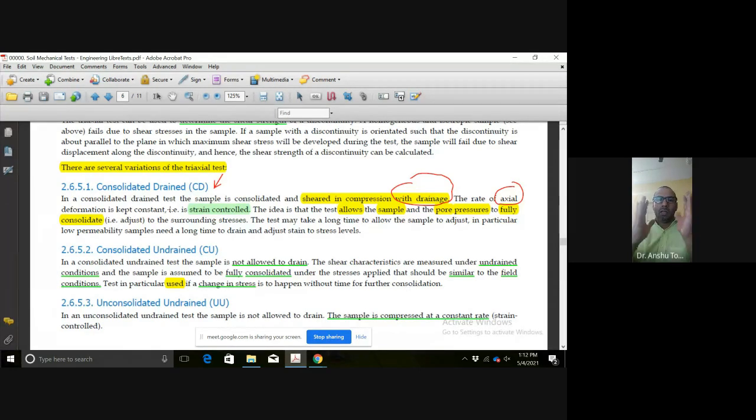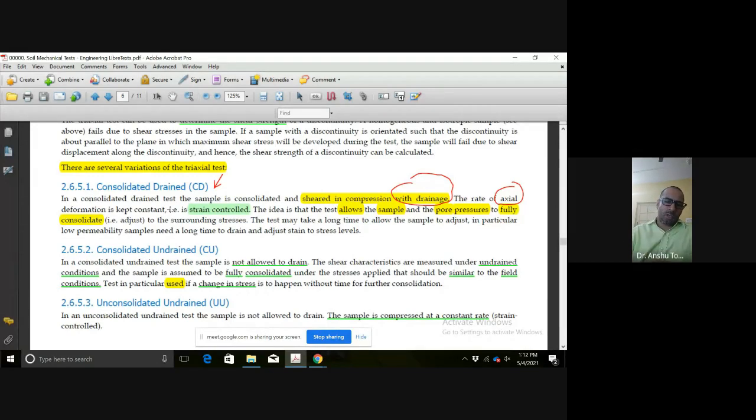That means we have applied a pressure from the side, and that pressure is constant, and we are applying a displacement from upside onto the flat metal platen. Sample is assumed to be fully consolidated under the stresses applied and should be similar to the field condition.